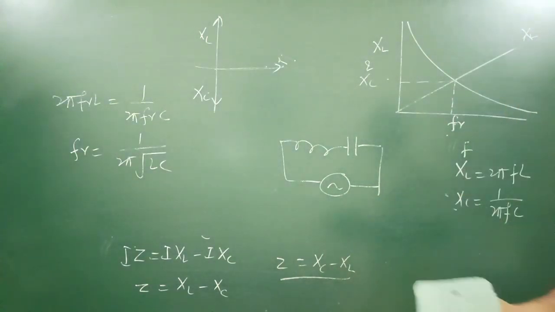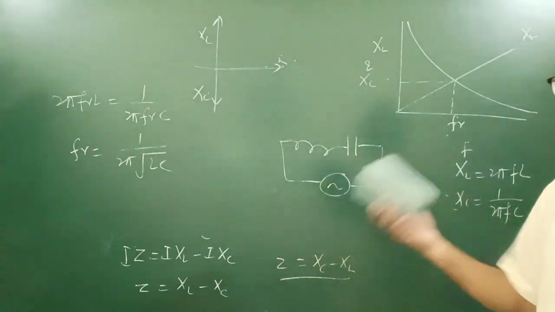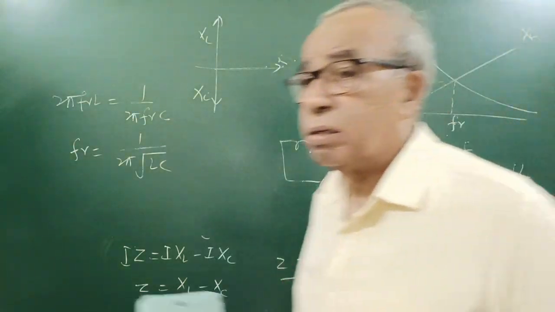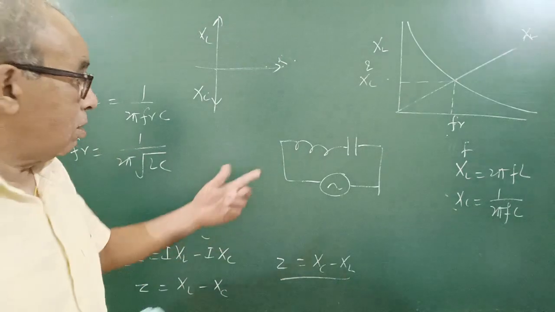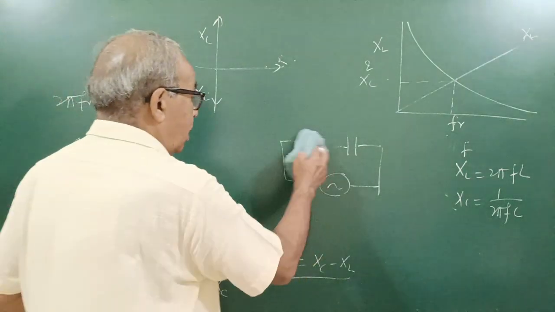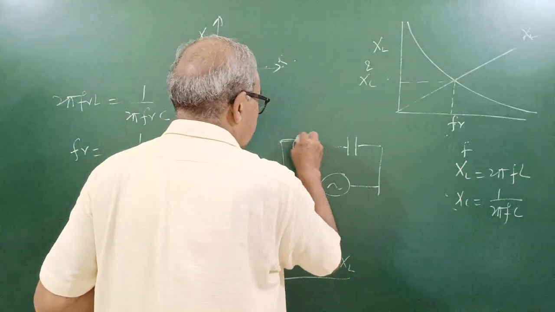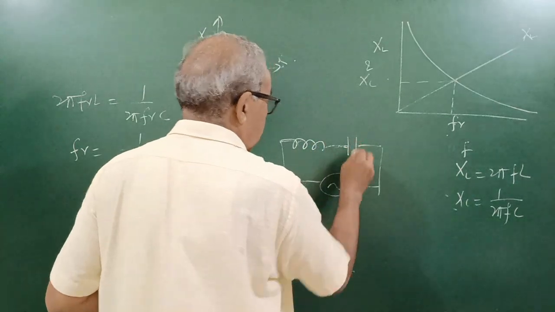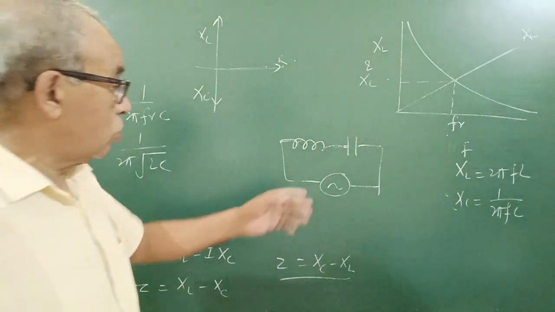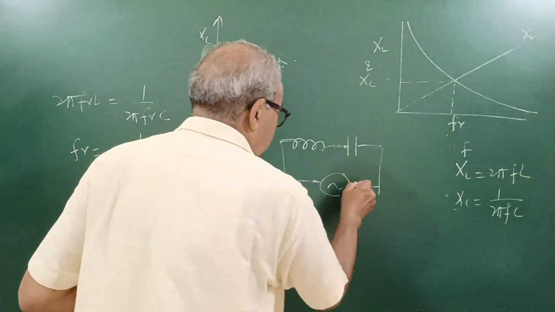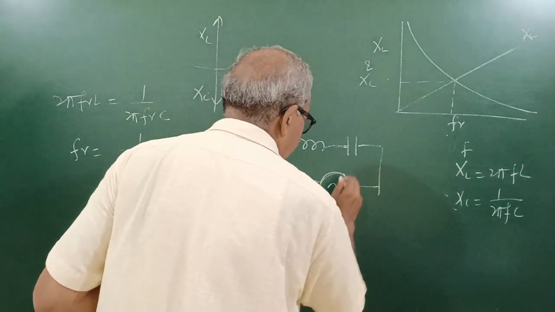Who will be oscillating? Electrons are oscillating. When we connect a series LC circuit and we apply a source, the source frequency is fixed.